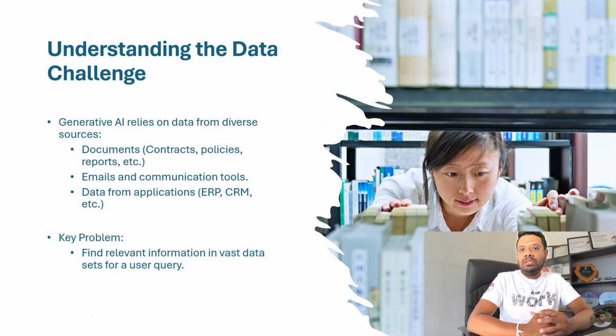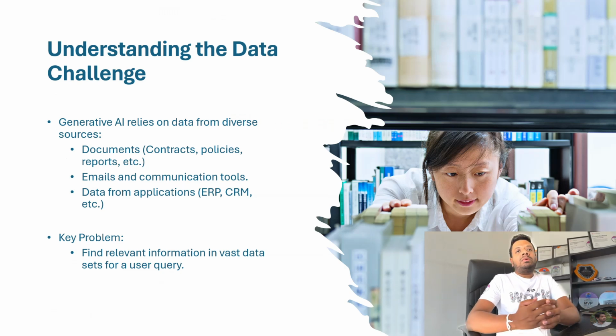So, in an organization, it's not just one data point that you're dealing with. You have to work with a lot of data that comes from various different sources. This could be documents such as contracts, policies, reports, or any other document that you have in your organization. Or else it could be emails or any communication tool.